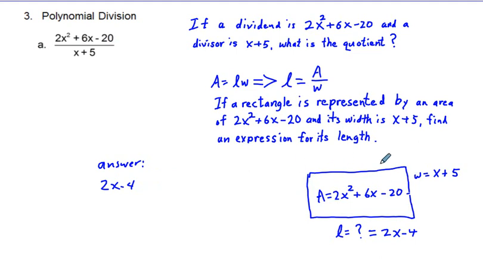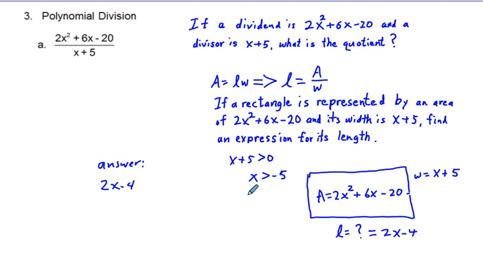But one thing we have to concern ourselves with is, in the context of this being a rectangle, we know that both our length and our width have to be positive numbers. So x plus 5 has to be greater than 0. And subtracting, x has to be greater than negative 5, which is different than x cannot equal negative 5.